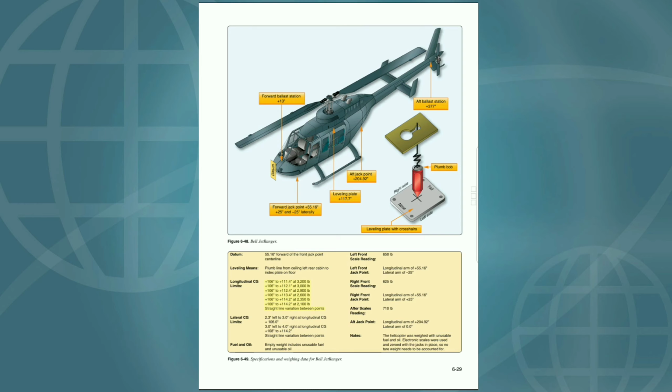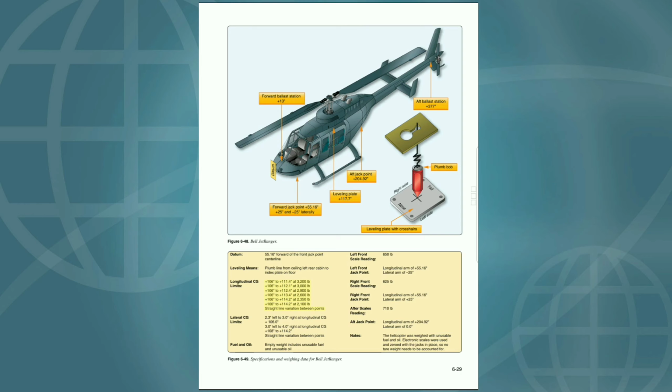Plus 106 to plus 112.4 at 2,900 pounds. Plus 106 to plus 113.4 at 2,600 pounds. Plus 106 to plus 114.2 at 2,350 pounds. Plus 106 to plus 114.2 at 2,100 pounds.